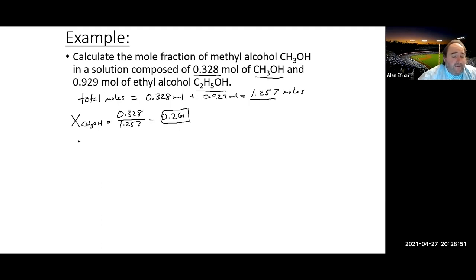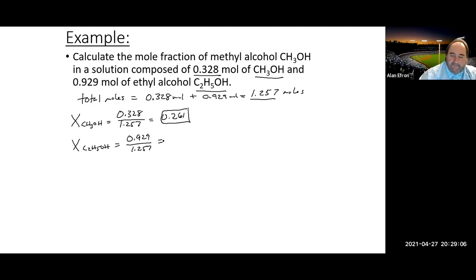We could also do it for the ethanol part. The mole fraction of ethanol in this case would be the moles of ethanol, 0.929, divided by our total moles. Again, not multiplying by 100 here.